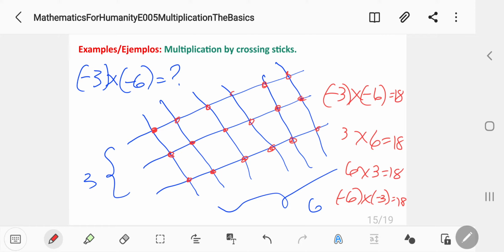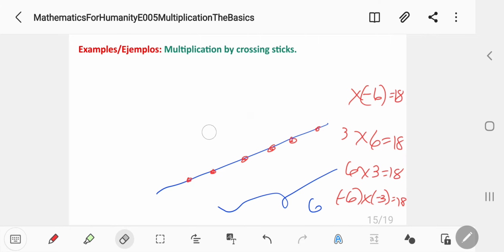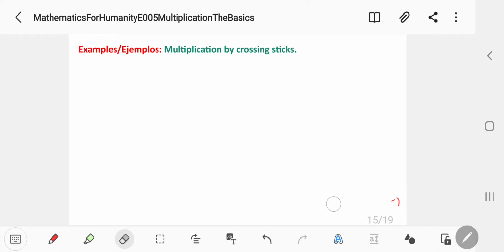The next example would be -4 times 9. So okay, let's look at that. So here we have -4 times 9. So what is this? Forget about the sign, just draw 4 lines.